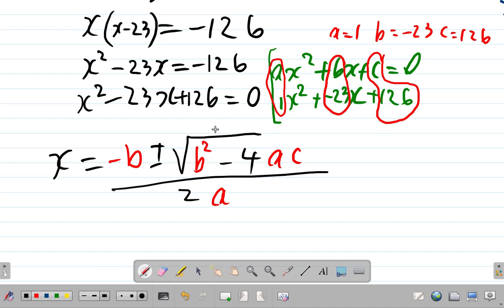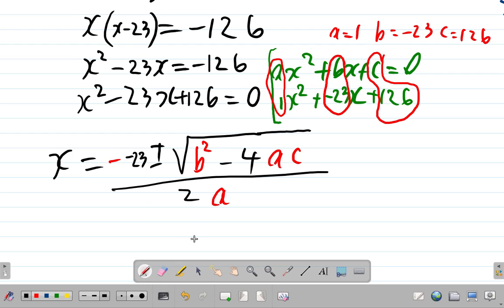Alright, so now what you have here, negative b. B is negative 23. Since b is negative 23, I erase b and put what it is here. It's negative 23.